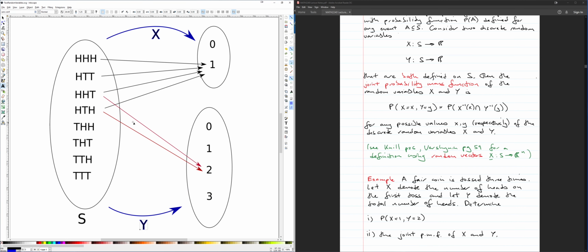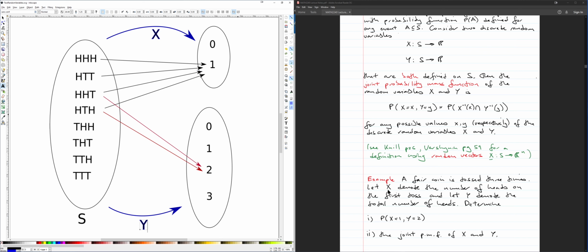In this diagram, hopefully it's not too confusing, first I have my sample space, the set of 8 possible outcomes. Then you have a random variable X. What the random variable is doing for you is, for each outcome in your sample space, associating a number to that outcome.